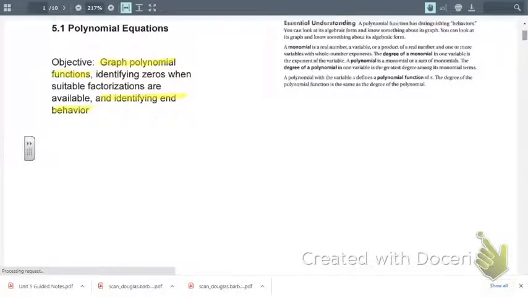Essential understanding, you need to know the vocab. So monomial, what is a monomial? It's a real number, a variable, or a product of a real number and one or more variables with whole number exponents. That's a lot, so let's make some sense of that.